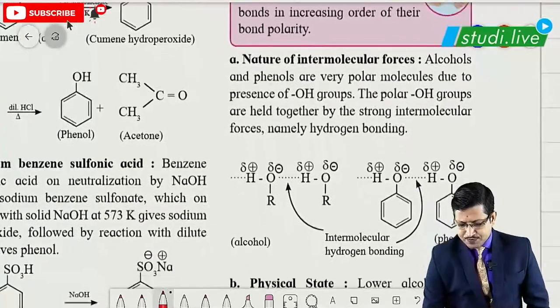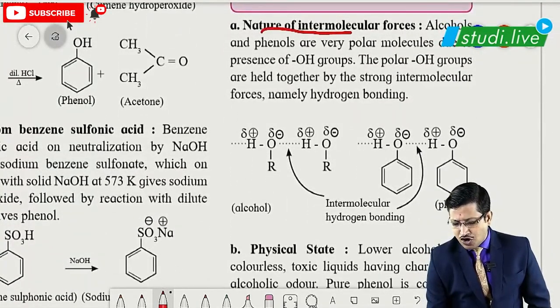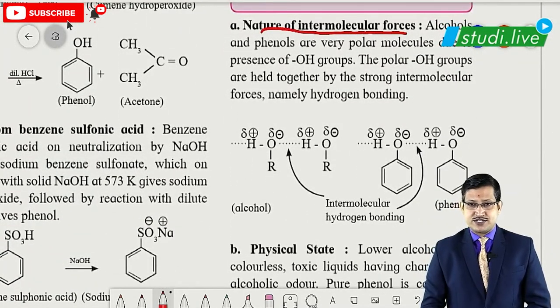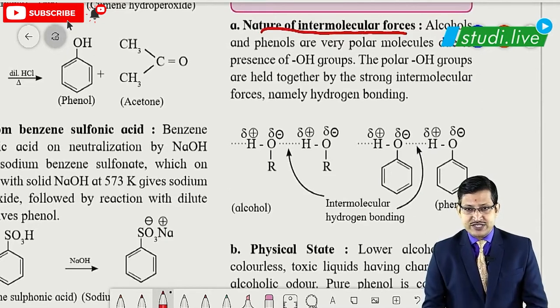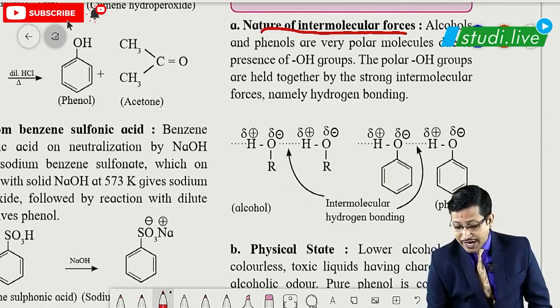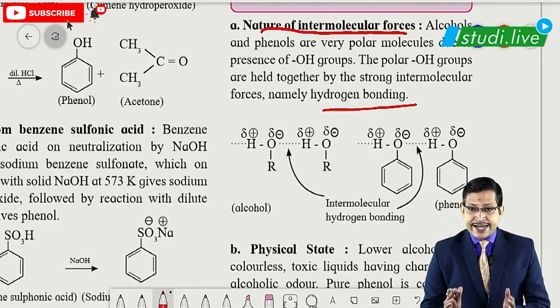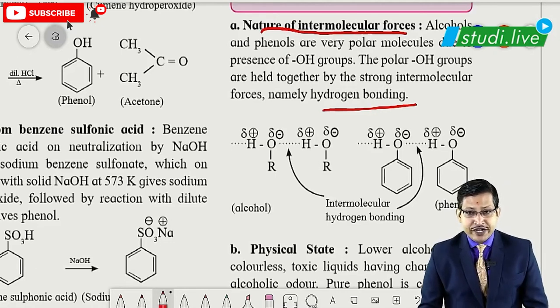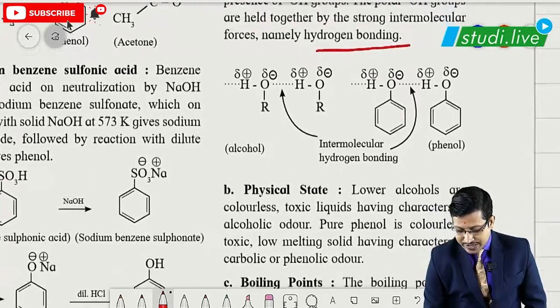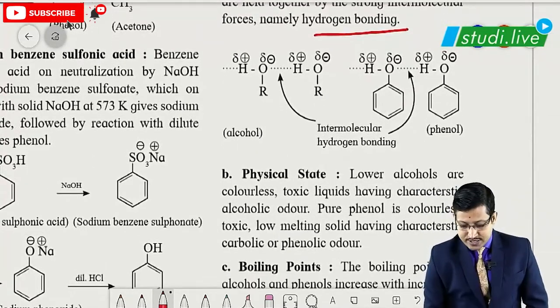So let's begin. The first one, nature of intermolecular forces. So between two molecules, nature of intermolecular forces. Now what will that result into? Yes, a very important word, hydrogen bonding. So because of those intermolecular forces, it results in hydrogen bonding. So let's see the structure, how that hydrogen bonding takes place. This is ROH.